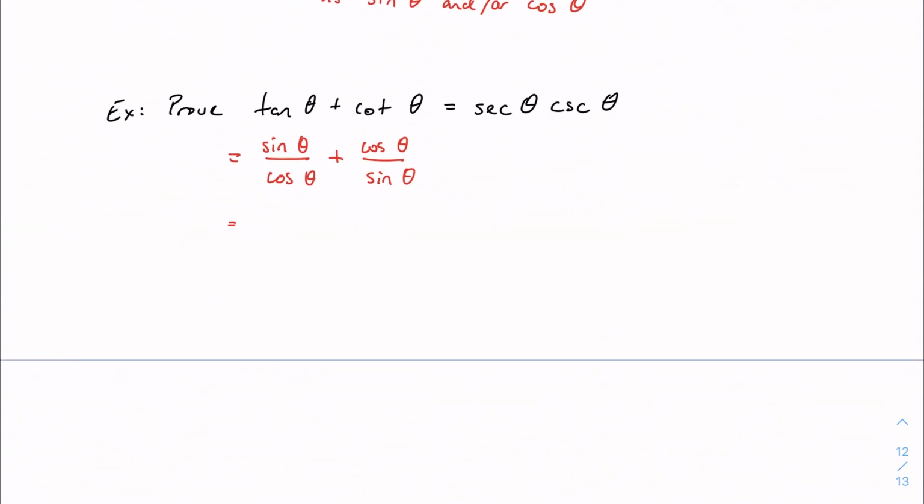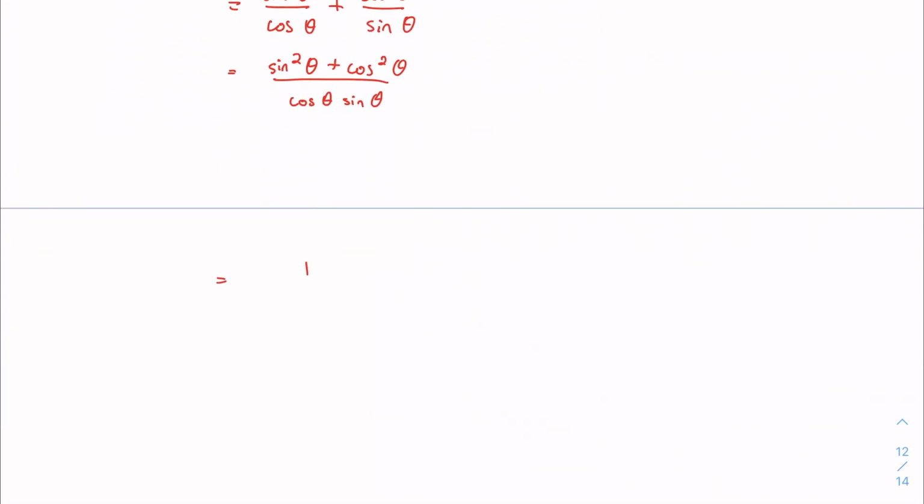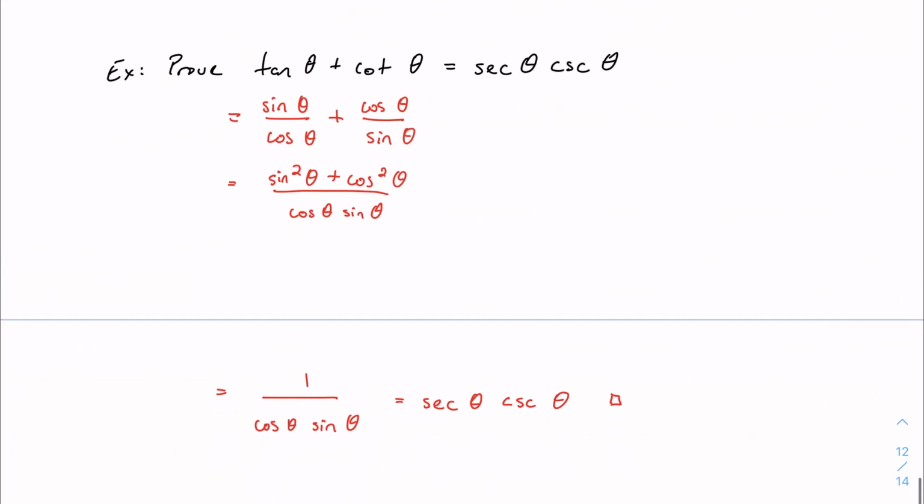My common denominator is going to be cosine sine. So I have sine squared plus cosine squared in the numerator, which should hopefully tip you off because that's a Pythagorean identity, and sine squared plus cosine squared is 1. And then I have my reciprocals. So this 1 over cosine is secant, 1 over sine is cosecant. That's my right-hand side. End of proof. These are just the same proof techniques that we've talked about before, just with a little bit of a new flavor, so to speak.